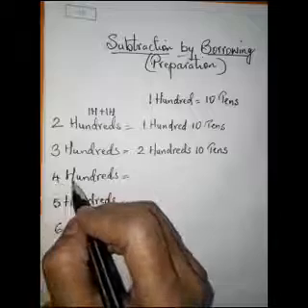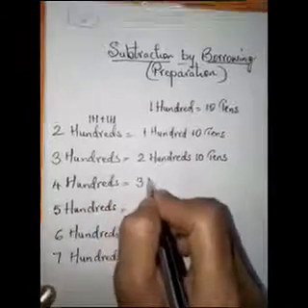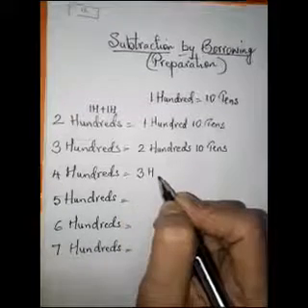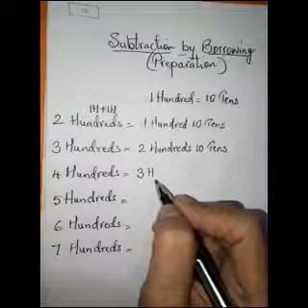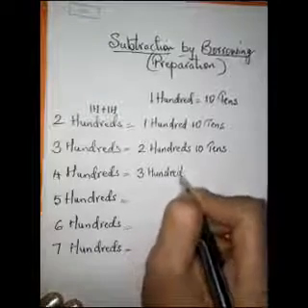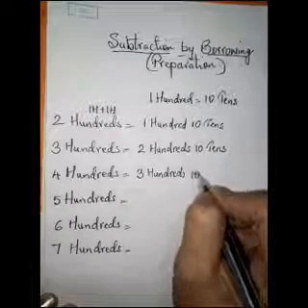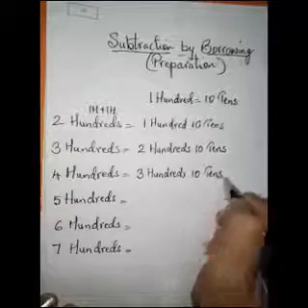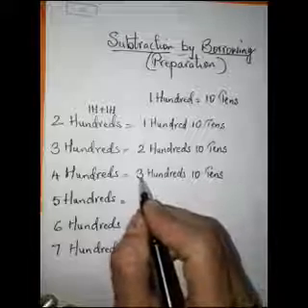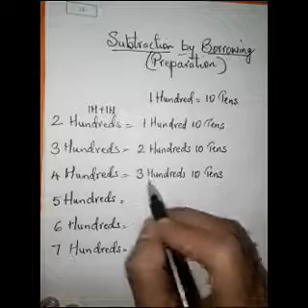Next is 400. From this, let's write 300s and then 10 tens. That becomes 300 and this 10 tens means 100.